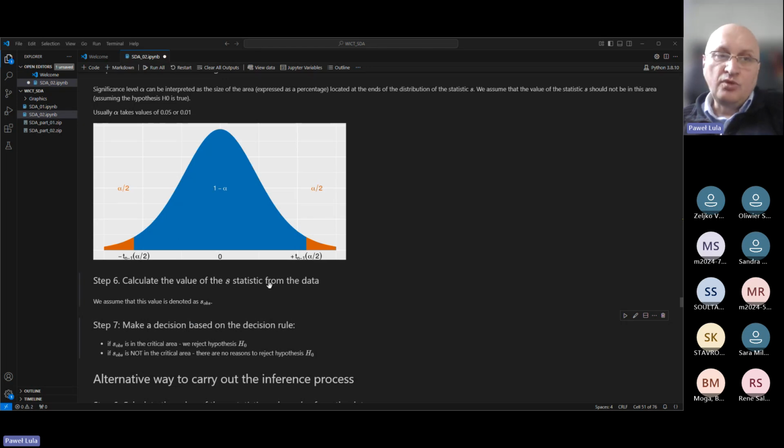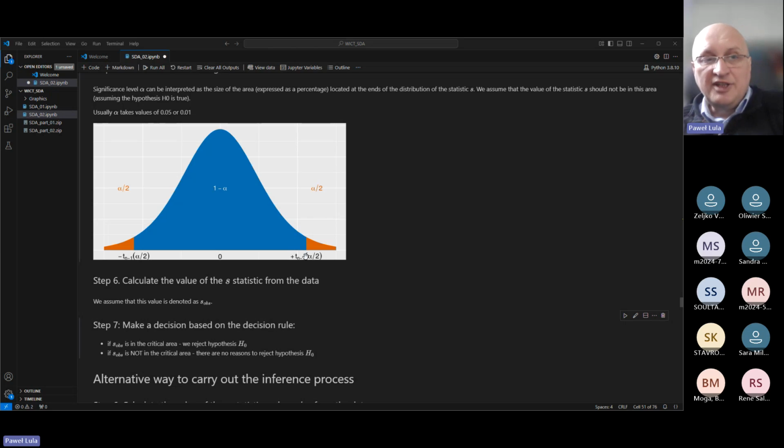If it is in blue area, we have no reasons to reject zero hypothesis. The idea is simple, but there is one problem with it. How to calculate this value which we have between this orange and blue area, on this and on this side.